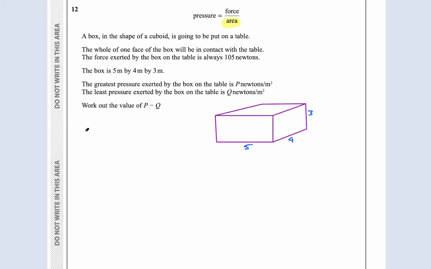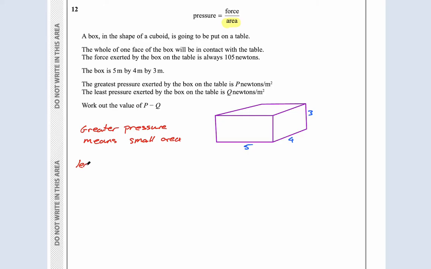Okay, so the greatest pressure, so P will have small area, or let me write that in English, guys. Greater pressure means small area.